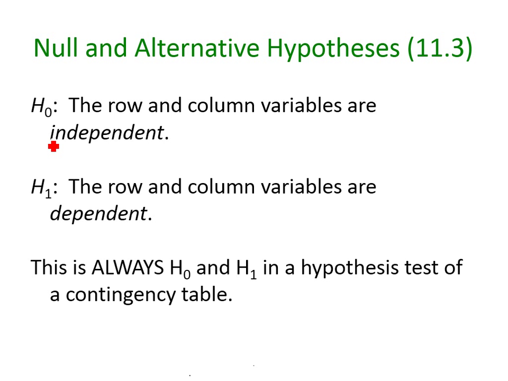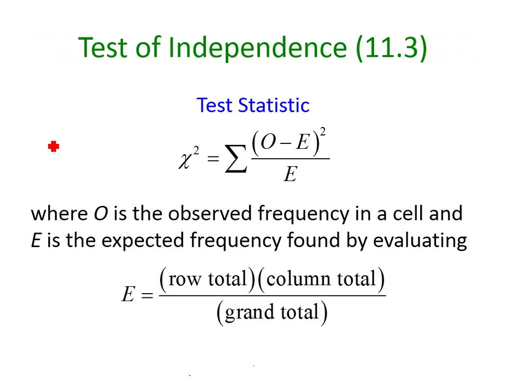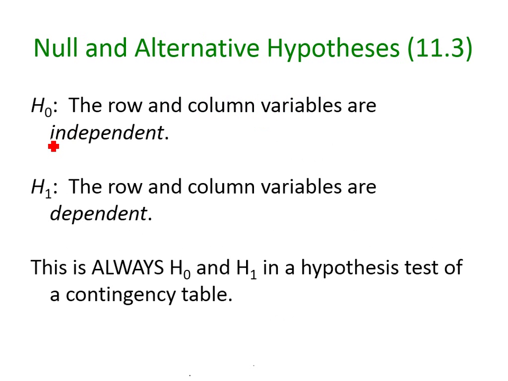Here, the results have to be extreme enough to say that they are dependent. So it's always a test of independence. It's what you assume to be true with that null hypothesis. And we will look at how to calculate the test statistic next time. So that's where we'll stop.